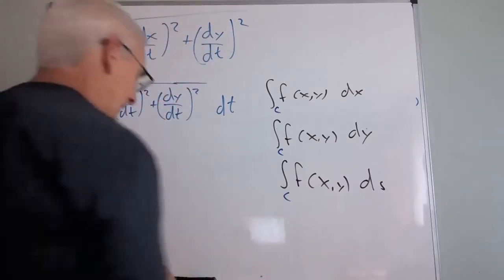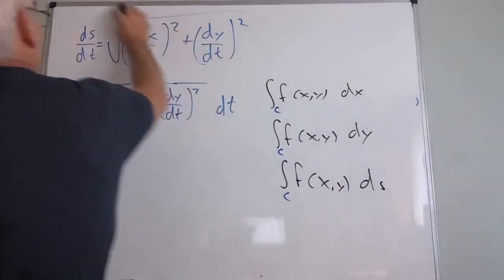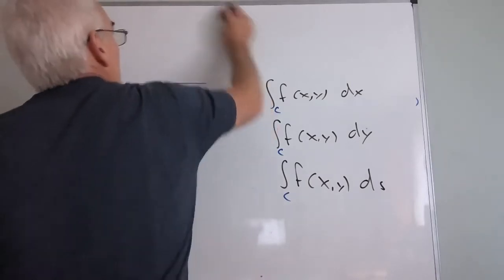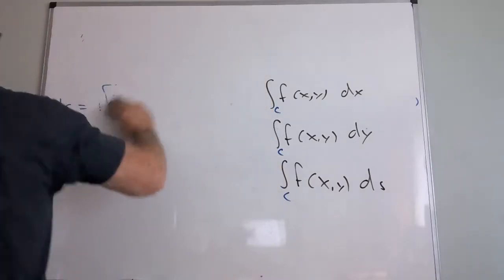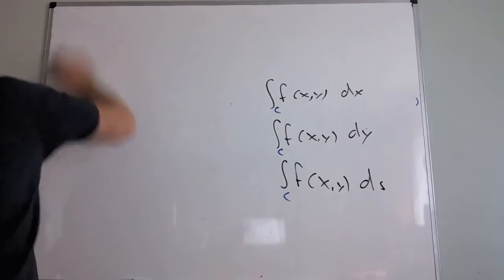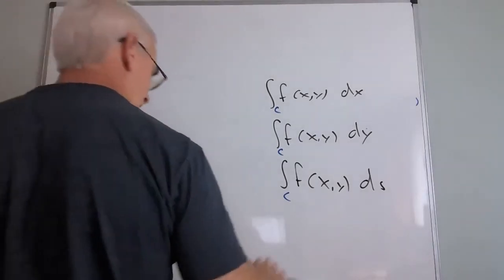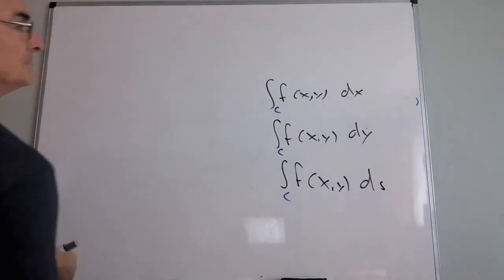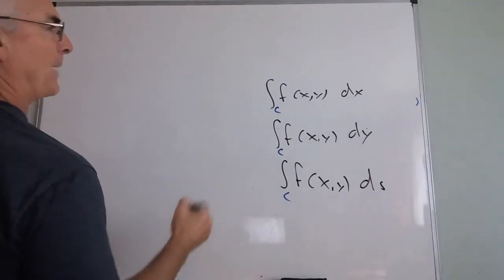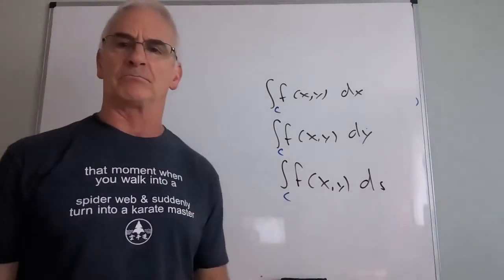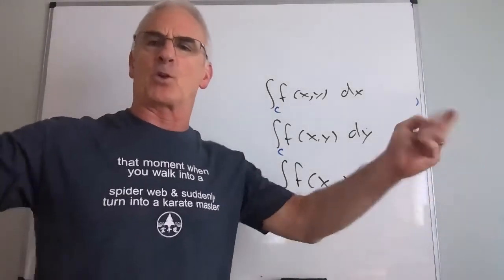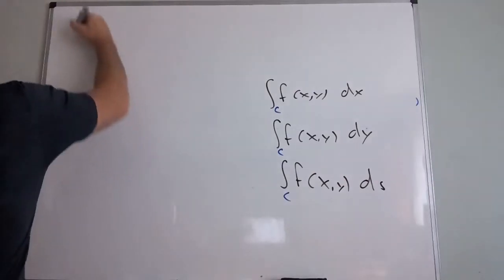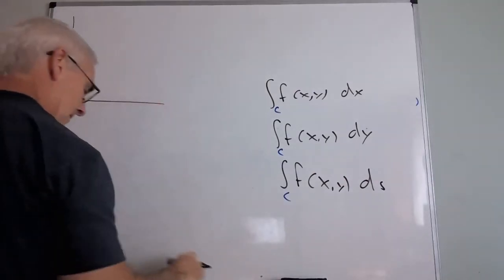So I'm going to do a fairly simple example here. Let's suppose our path, I'll keep it really simple, let's say, how about a quarter of a circle?